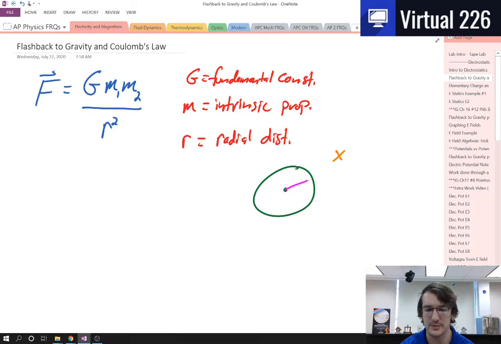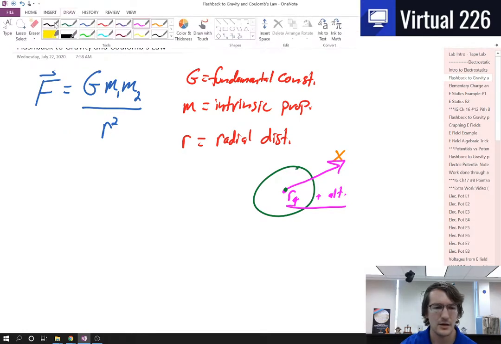We go all the way from the center of the Earth out to the point. So you'll need the radius of the Earth plus the altitude distance. It's that full distance that we need radially from the center of the object. Okay? So that's what we saw last year. F equals GMM over r squared.